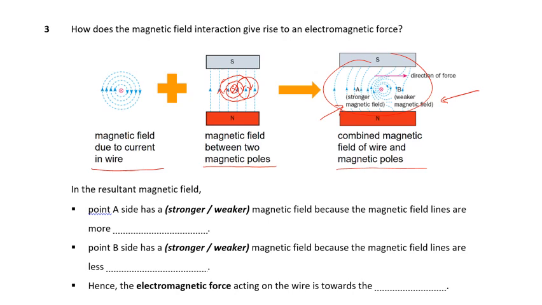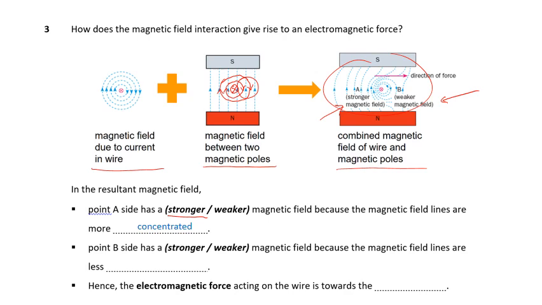So please feel free to replay the video if you really need to understand that. But after looking at this interaction, what we can see is that point A, the left hand side, ends up with a stronger magnetic field because the magnetic field lines are more concentrated.